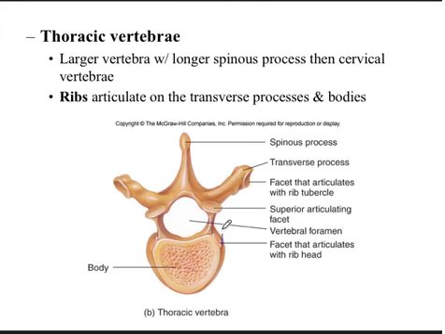It would project back and back and back, and then wrap all the way around to the front, like so. It would articulate either with cartilage that directly articulates with the sternum, or with cartilage that articulates with cartilage that articulates with the sternum. And again, notice the vertebral foramen. So how the ribs touch the thoracic vertebrae is very important.